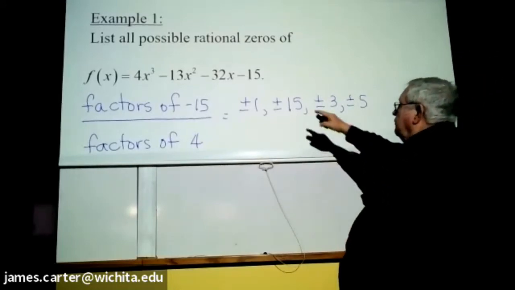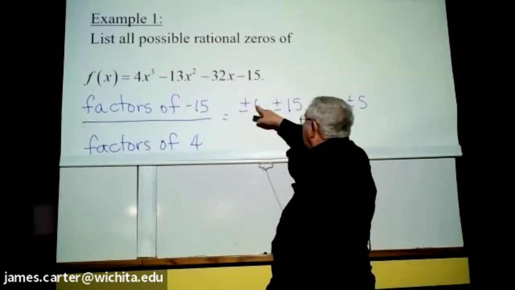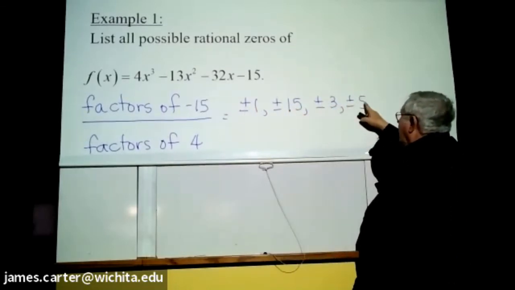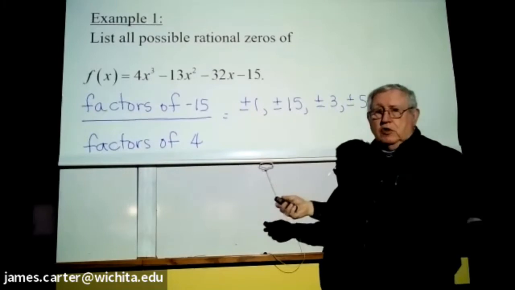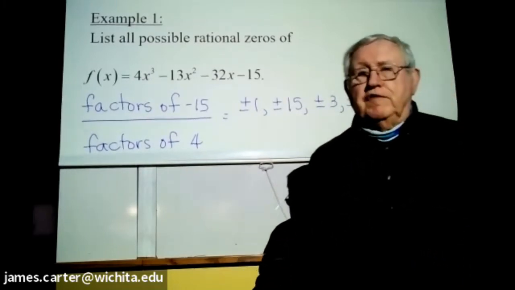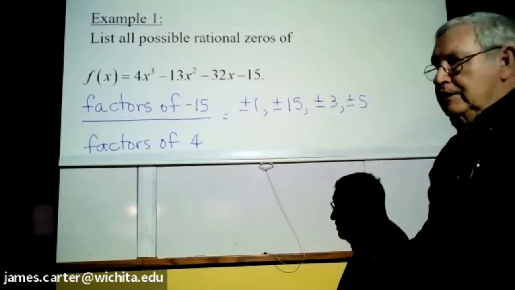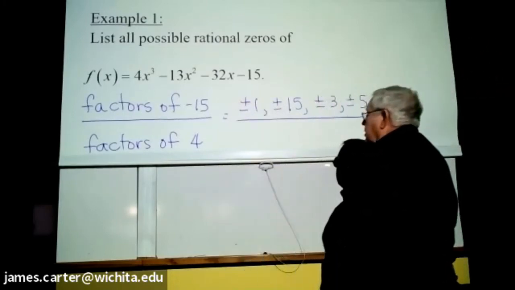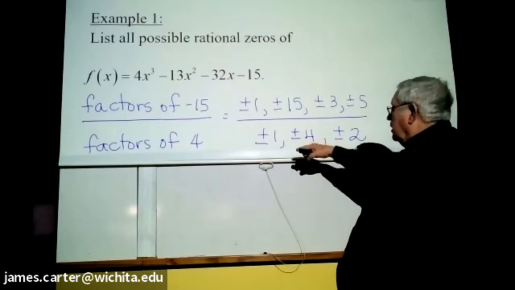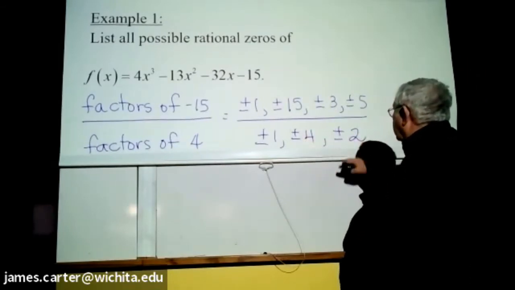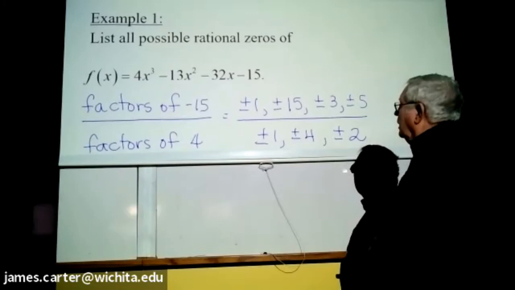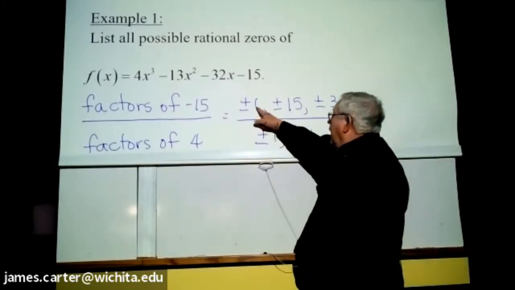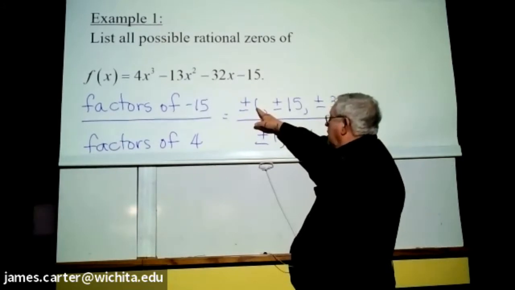All the factors of negative 15 are plus or minus 1, 15, 3, and 5. We've been doing this forever when we were doing factoring by looking at the a and the c terms. Likewise, the factors of 4, as I said a few minutes ago, are plus or minus 1, plus or minus 4, plus or minus 2. Now, the implications of this is you could have x equals 1 or x equals negative 1.